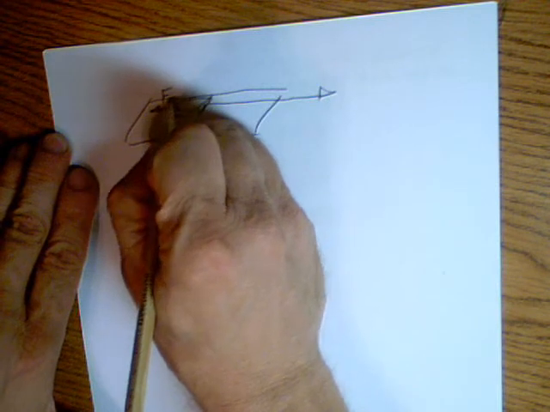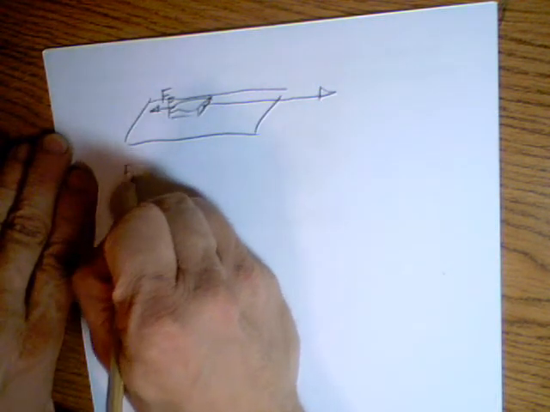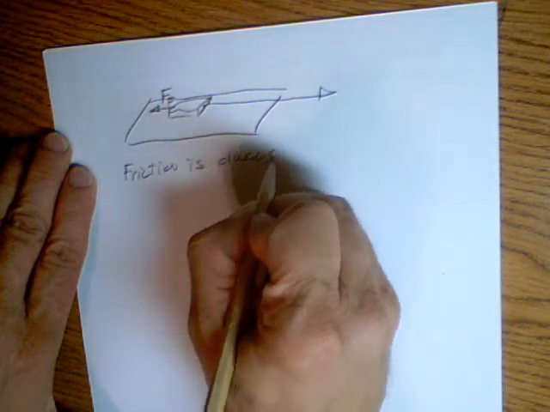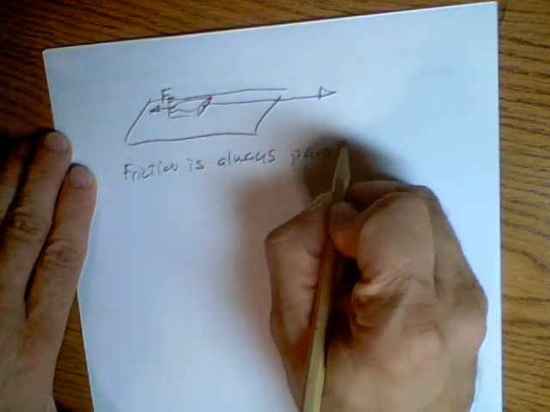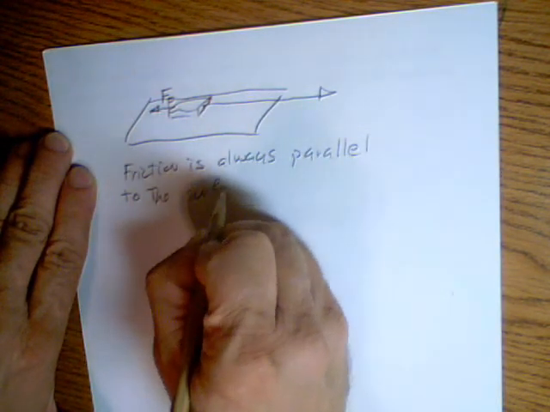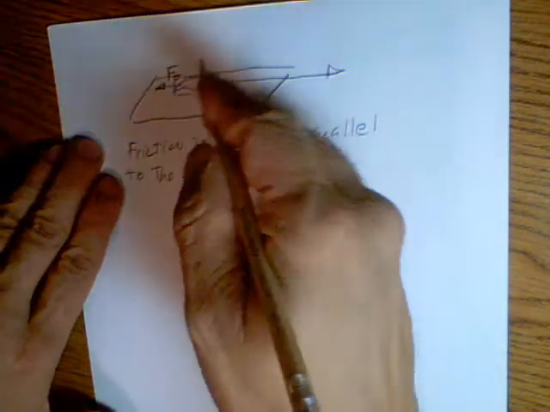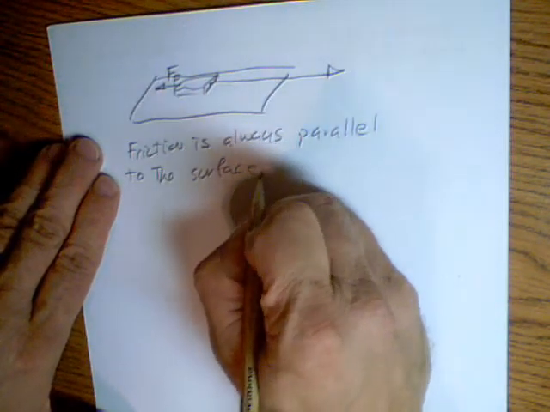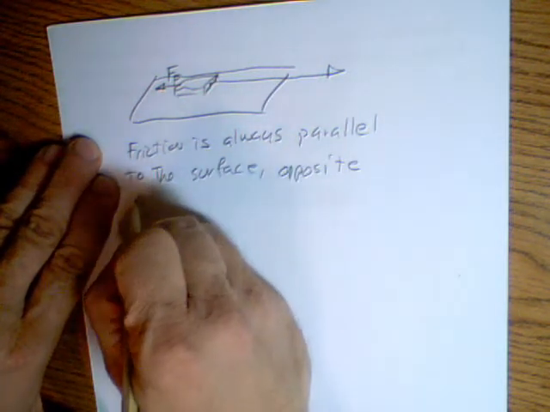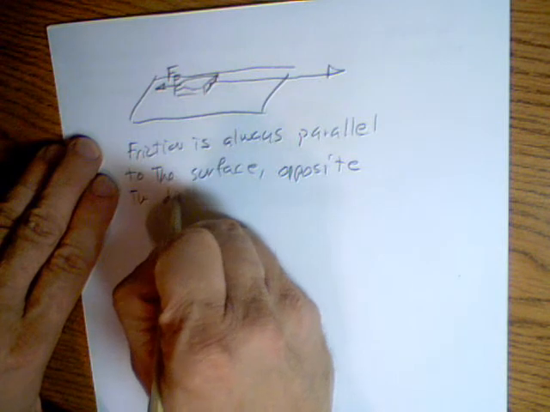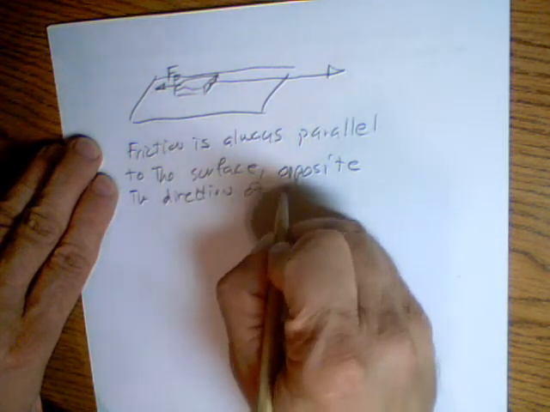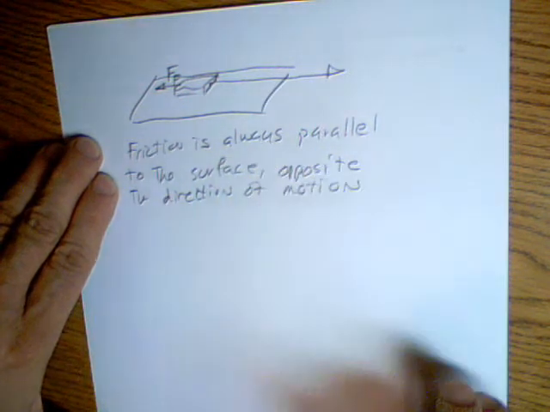The force of friction is always parallel to the surface in a free body diagram, as I'm showing here, and opposite the direction of motion, as you would expect, just to be perfectly clear.